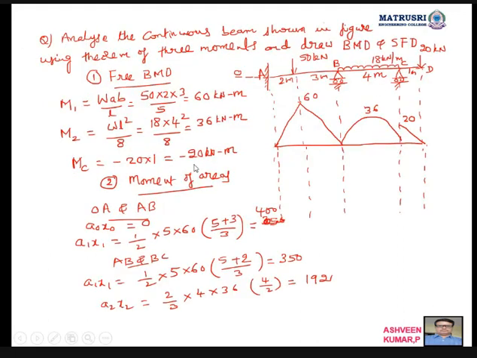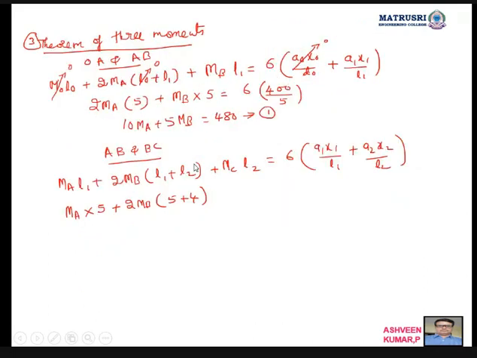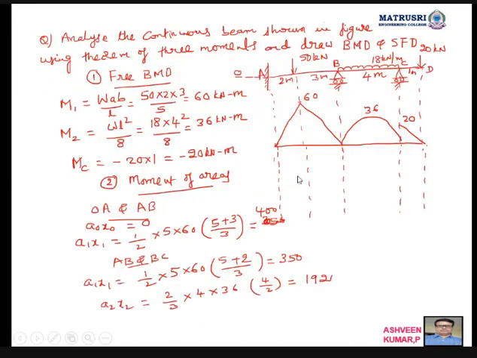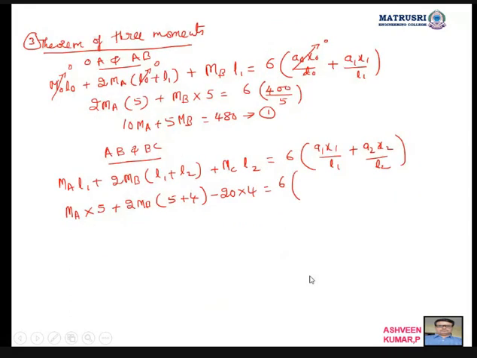So instead of MC, what should I write now here? Minus 20. So minus 20 into 4 is equal to 6 into whatever we got here, with this AB and BC, whatever the A1 X1, A2 X2, that I should write. 350 and 192. So 350 by 5 plus 192 by 4.